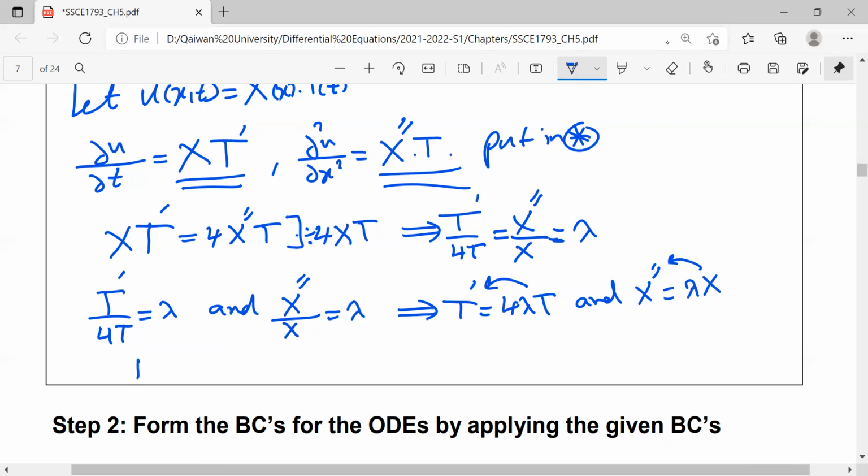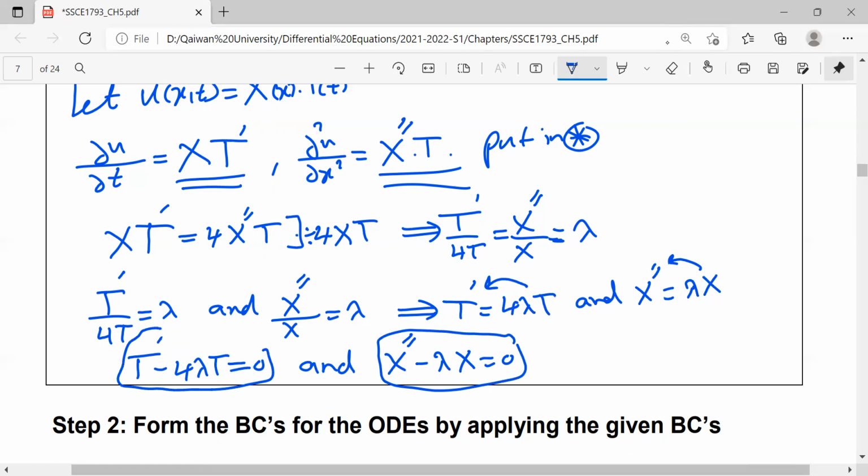We get t prime minus 4 lambda t equals 0, and x double prime minus lambda x equals 0. These two are the differential equations. So now we could reduce the partial differential equation to these two ordinary differential equations. One of them is first order and the second is second order.